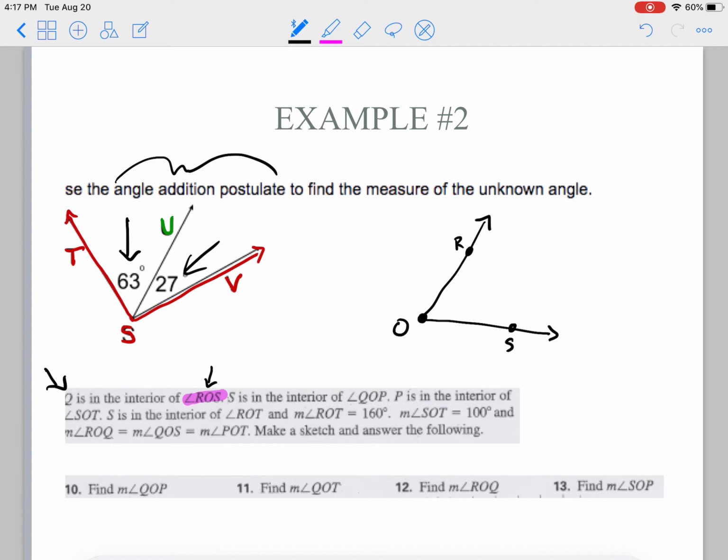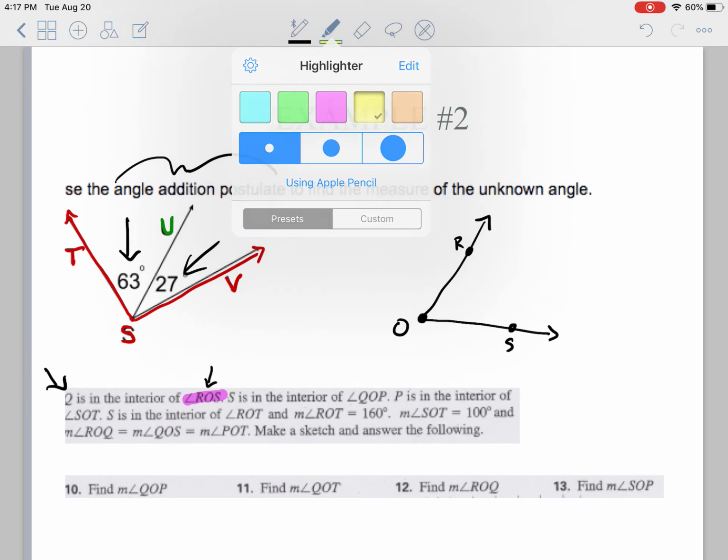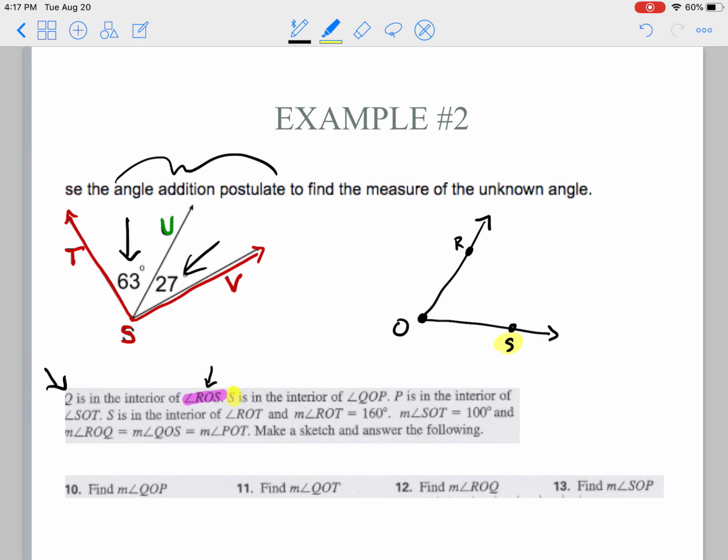We also know that this S is in the interior of QOP. So we know that O is still my vertex. So I'm going to use the same vertex, but I have to draw a Q and a P that makes S be on the interior.